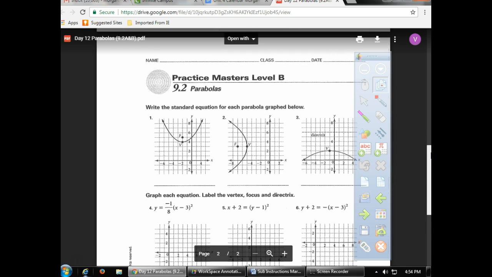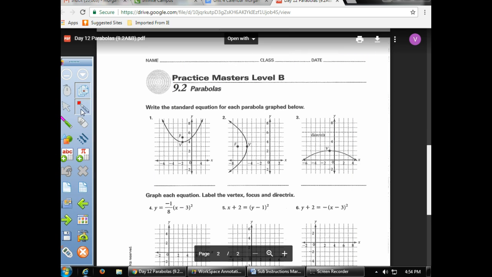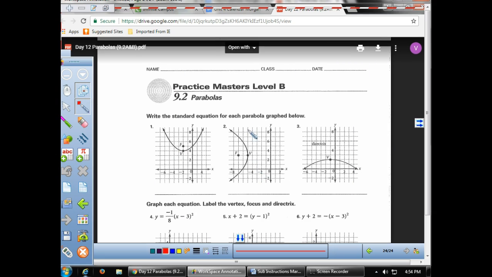Okay, so here's B. Now, B gets a little bit harder, but I know we'll do just fine here. So this one is going to open up, so in the form y equals x squared. The vertex is at -2, 4, and it looks like P is a unit of 1. P is 1.